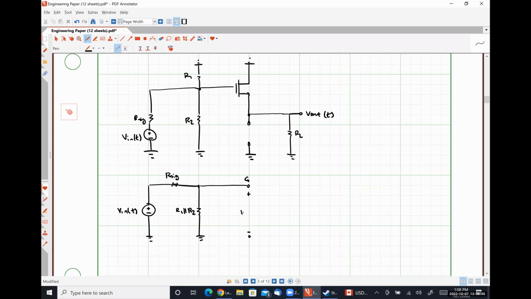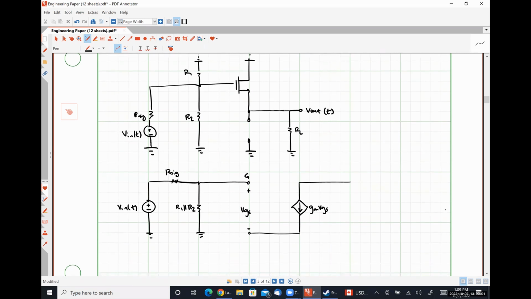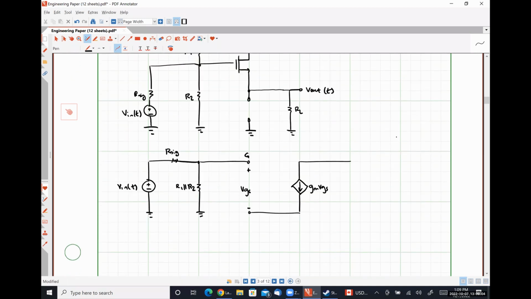This is my voltage VGS. gm VGS in parallel with r naught.